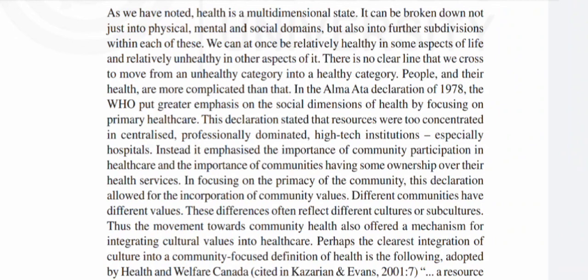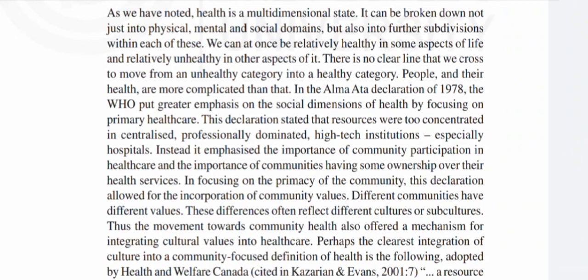Different communities have different values. These differences often reflect different cultures or subcultures. Thus, the movement towards community health also offered a mechanism for integrating cultural values into healthcare.